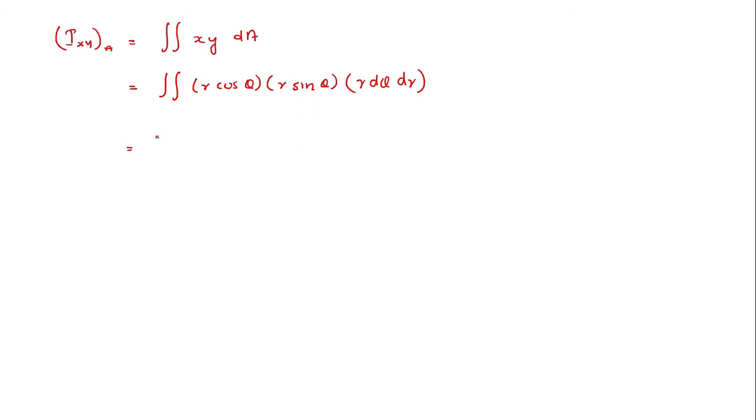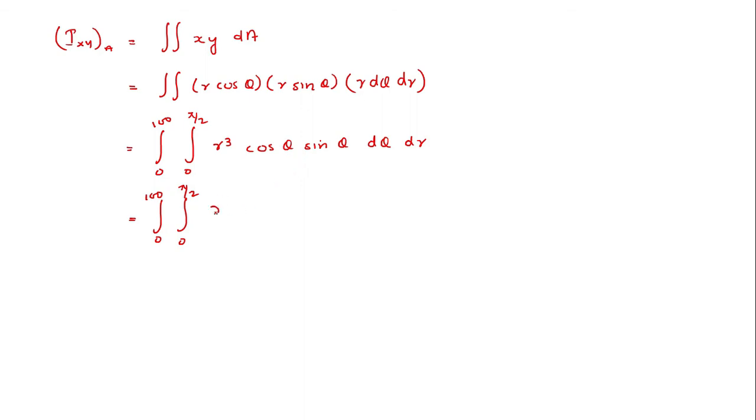Okay, so my integration will vary from 0 to 100 for r and 0 to pi by 2 for theta. r cube cos theta sin theta d theta into dr. Now cos theta sin theta as such I will express in terms of sin 2 theta.